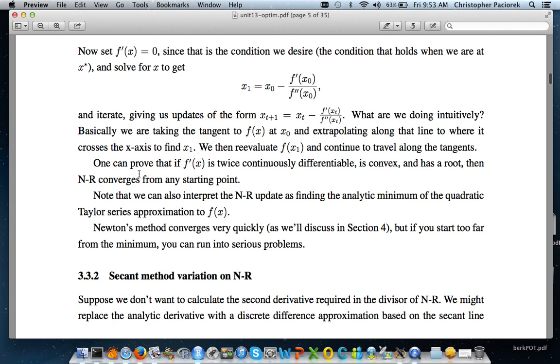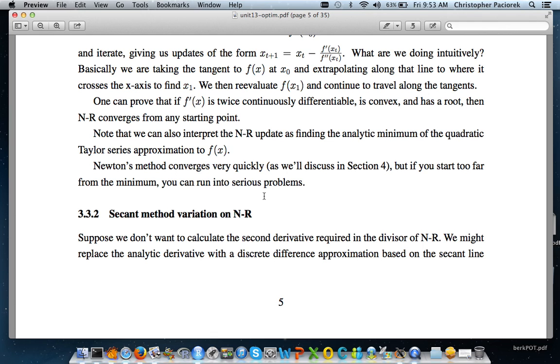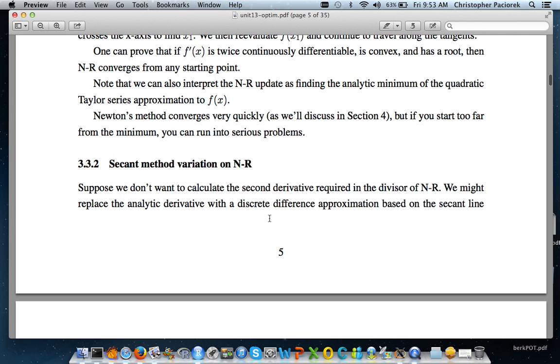Okay, so I think these conditions are helpful to know about in terms of thinking about these methods from a theoretical perspective. But in a lot of cases, we're trying to do optimization where the function isn't this well behaved, and so we need to think about what can go wrong.